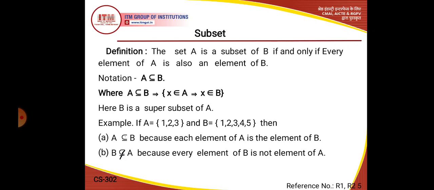But 4 and 5 are absent in set A. So it is not possible that B is a subset of A. So this is not, because all elements of set B is not an element of A. So in this case, we can say A is a subset and B is the superset of A.